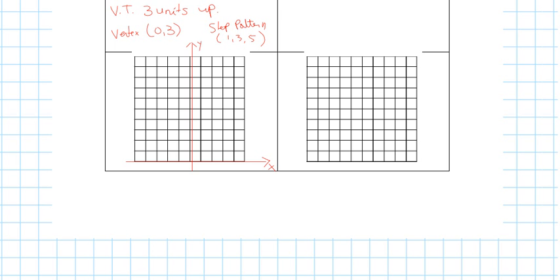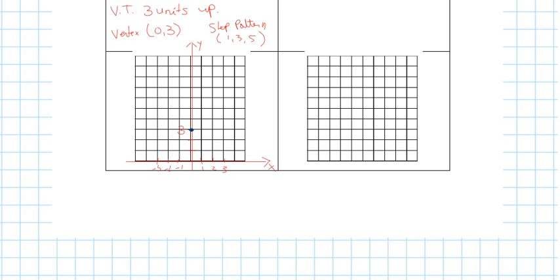So I'm going to start at the vertex, which is 0, 3. And then my step pattern says what? 1, 3, 5. Okay, I located my vertex, then what do I have to do after that?